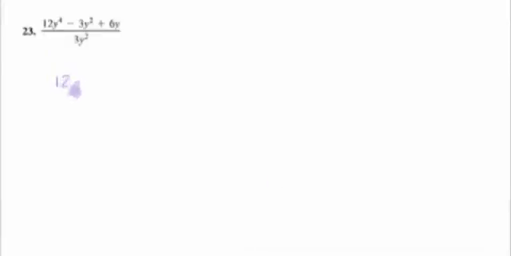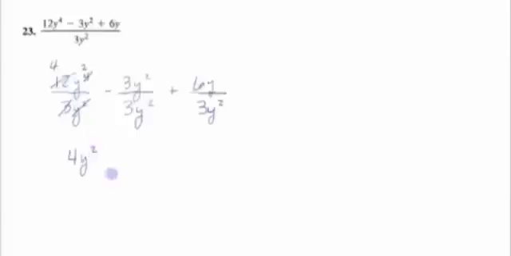So I'll break this up: 12y to the fourth divided by 3y squared, minus 3y squared divided by 3y squared, plus 6y divided by 3y squared. 3 goes into 12 4 times, and 2 of my y's cancel on the top, so I have 4y squared for my first term, minus 3y squared divided by 3y squared is 1, plus 3 goes into 6 2 times, and y goes into y squared, so I have a 2 over y for my third term.